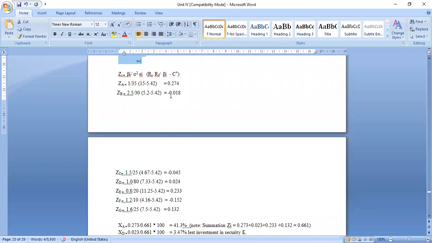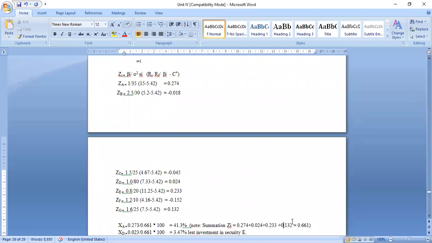Now when you observe securities B, C as well as F, these are the three securities we are not going to consider for the summation of Zi to calculate the proportion of investment. That is why we are just going to take 0.274 plus 0.024 plus 0.233 plus 0.132.